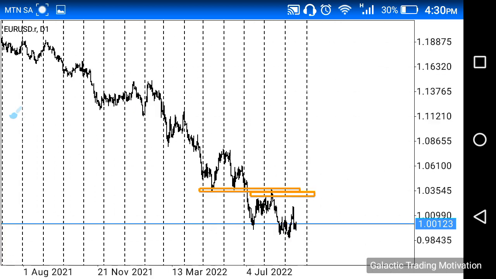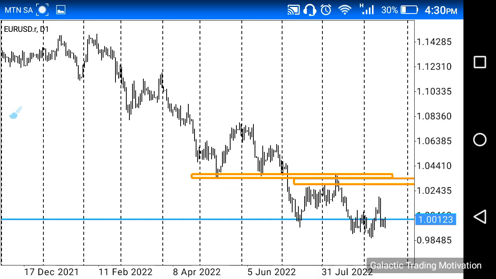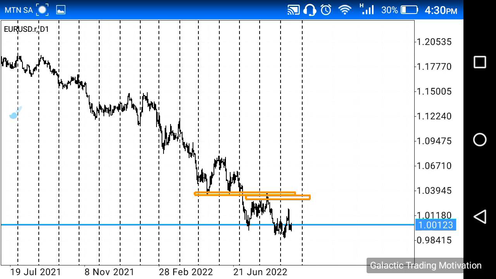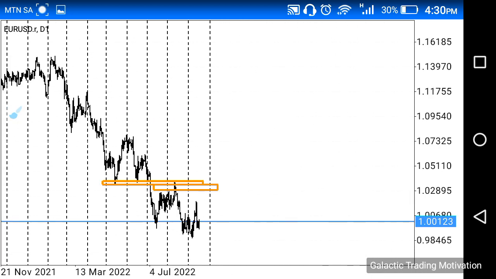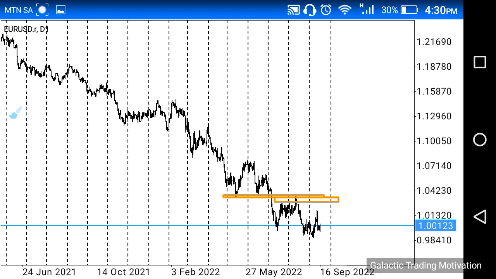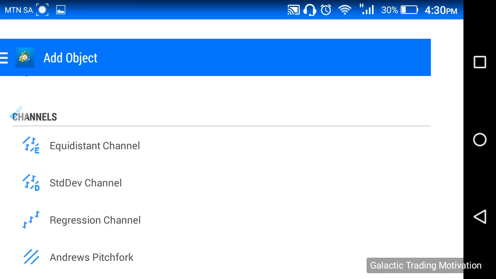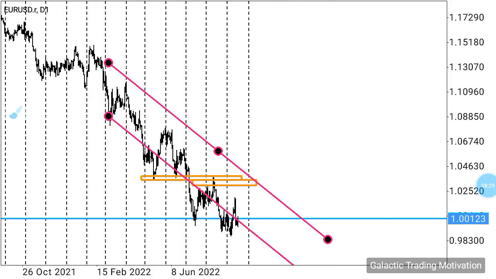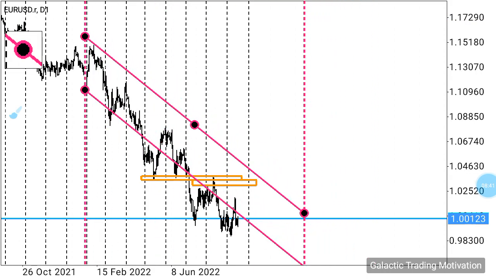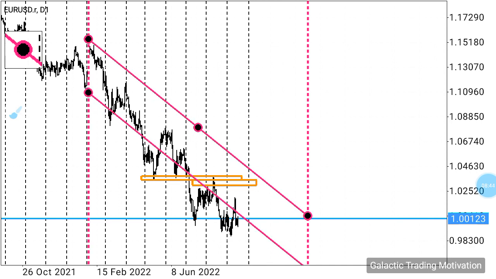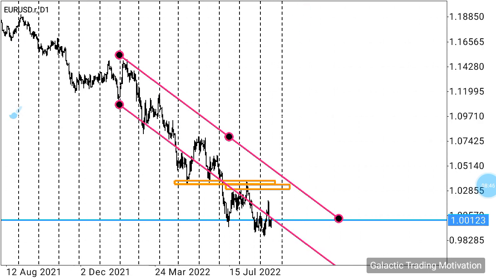All right, so when I add our daily channel, how would we add our daily channel in regards to Euro USD? Let's have a look. I would add my daily channel in this manner. There we go.